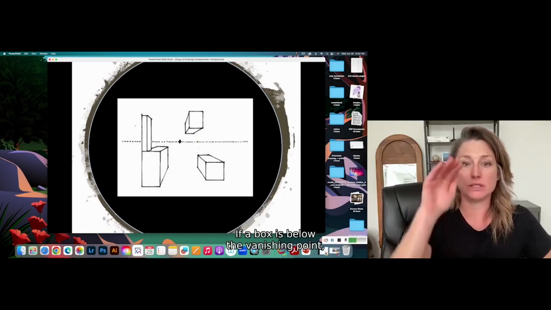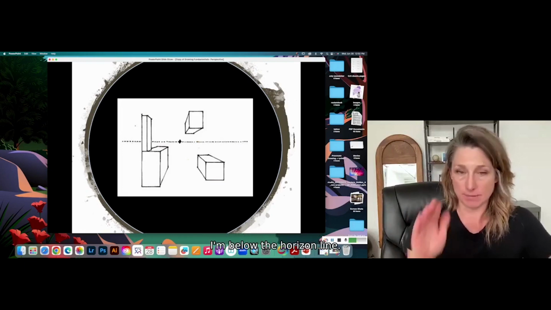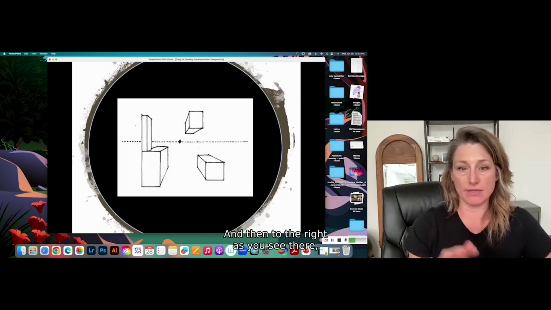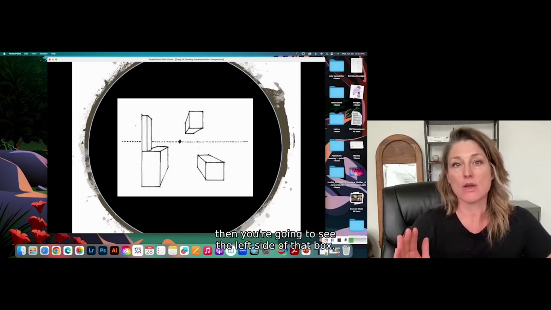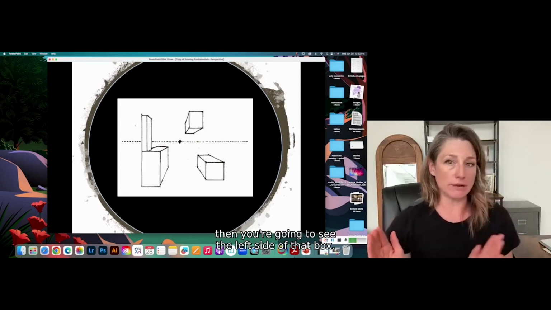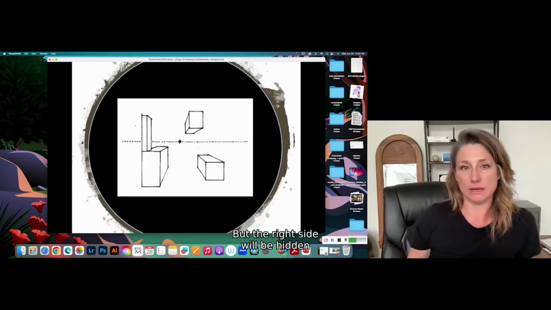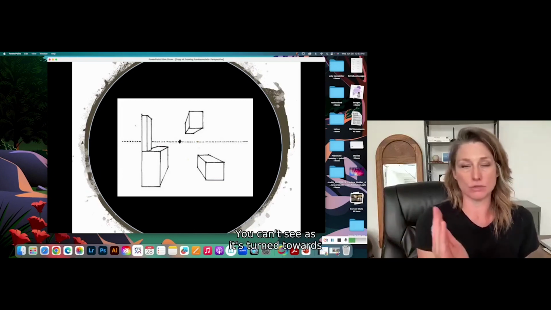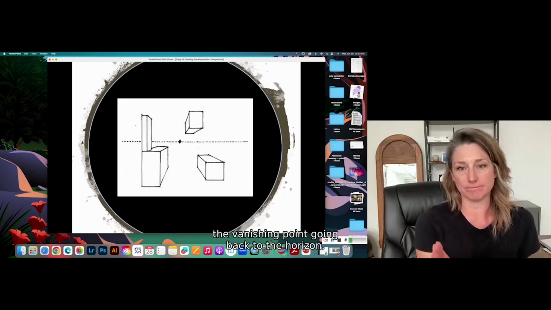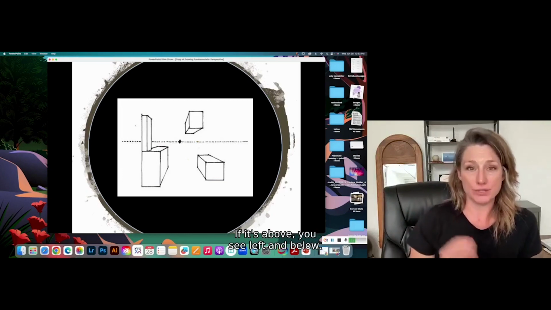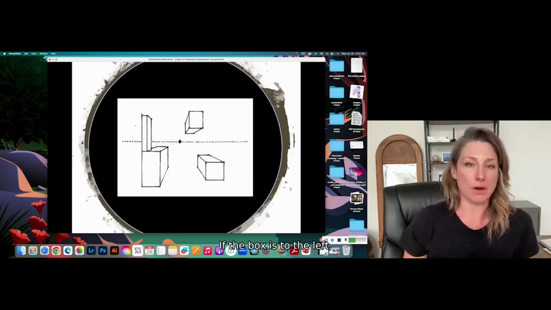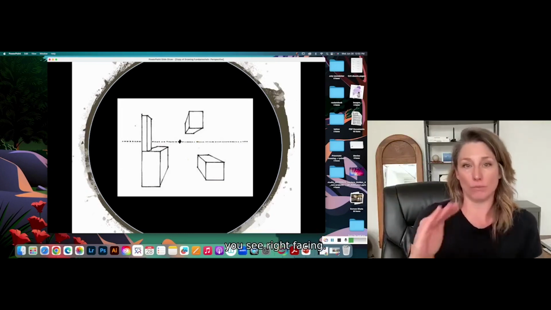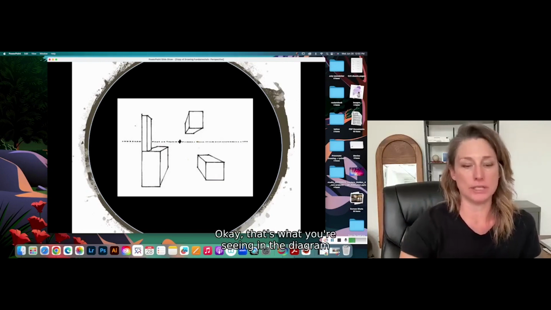If a box is below the vanishing point, below the horizon line and then to the right, as you see there, then you're going to see the left side of that box, but the right side will be hidden because everything is going back. You can't see it as it's turned towards the vanishing point going back to the horizon. If it's above, you see left and below. If the box is to the left, you see right facing. Okay, so that's what you're seeing in the diagram there.